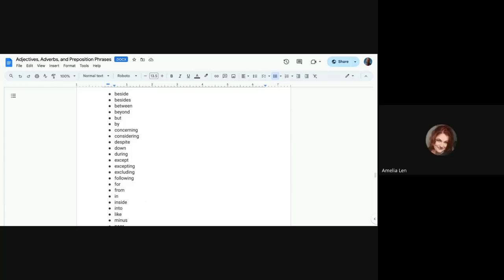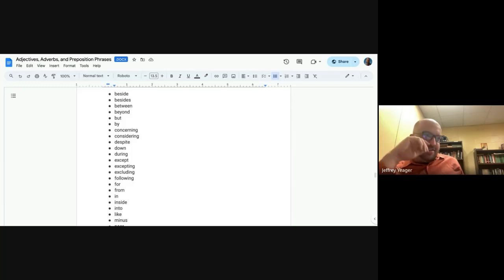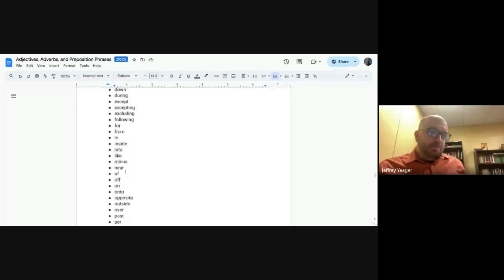We have prepositions in our sentences all the time, right? This is such a part of language. Other languages like Latin have prepositional phrases, but they have a whole case for it.